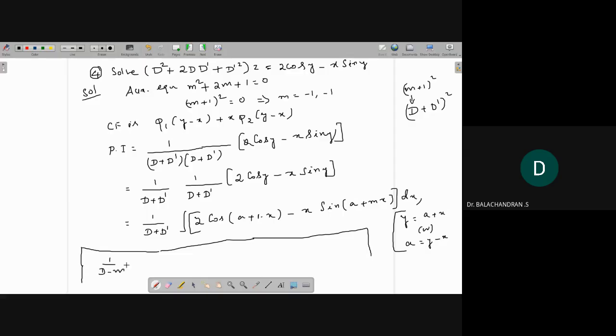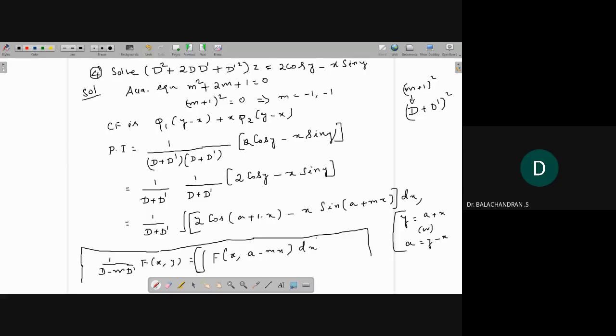1 by (D minus mD dash) of f of x comma y is equal to the integral of f of x comma a minus mx into dx.